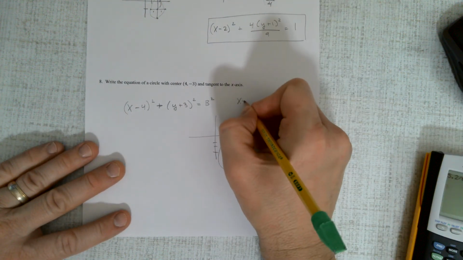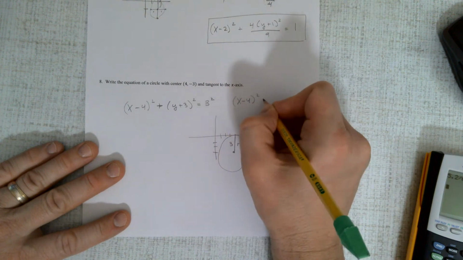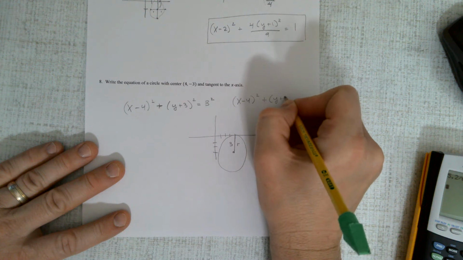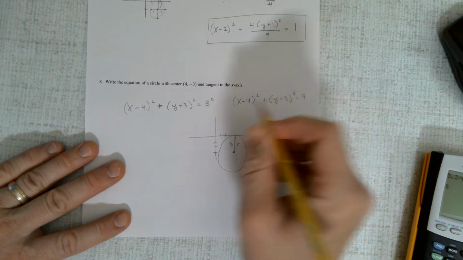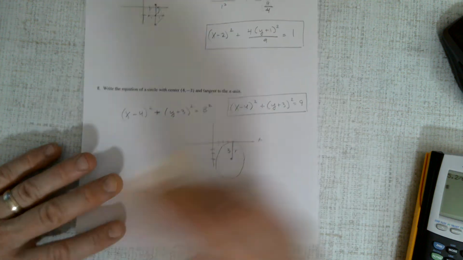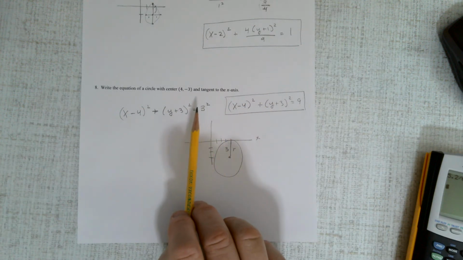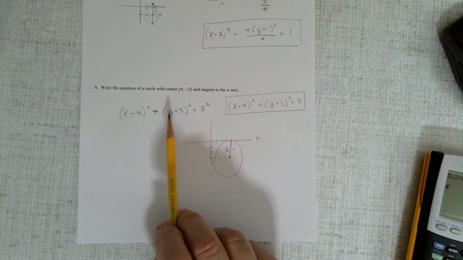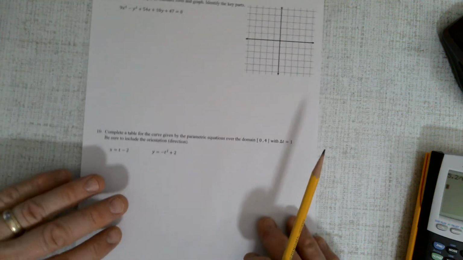Probably the simplest way to write this. And we usually just square that term out instead of leaving it 3 squared. So when it's a short problem like this and you're not sure what to do, the key is draw a picture. Alright, going on to problem number 9.